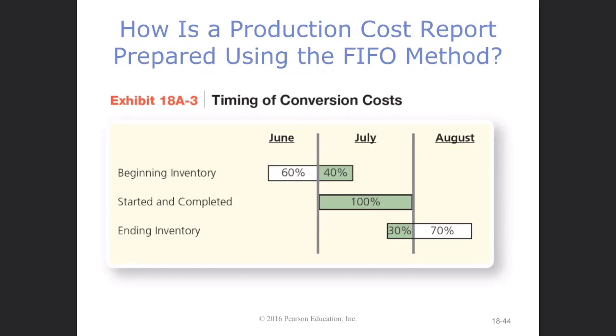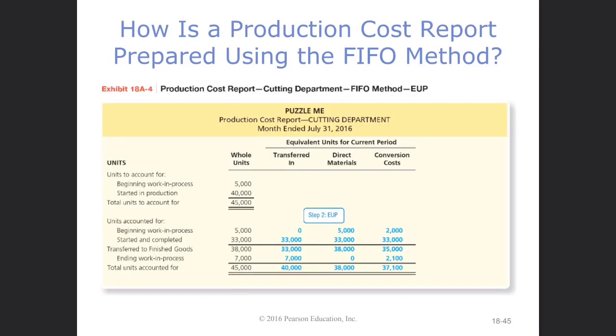We started and completed all of July, and we were left with an ending inventory of 30%. So in August, we're going to start with 70% converted.